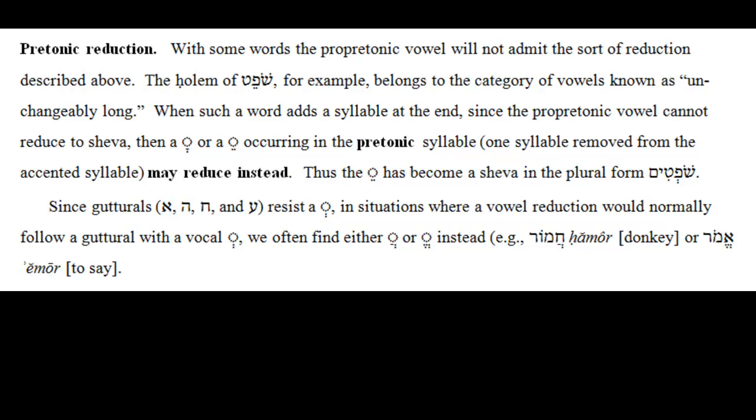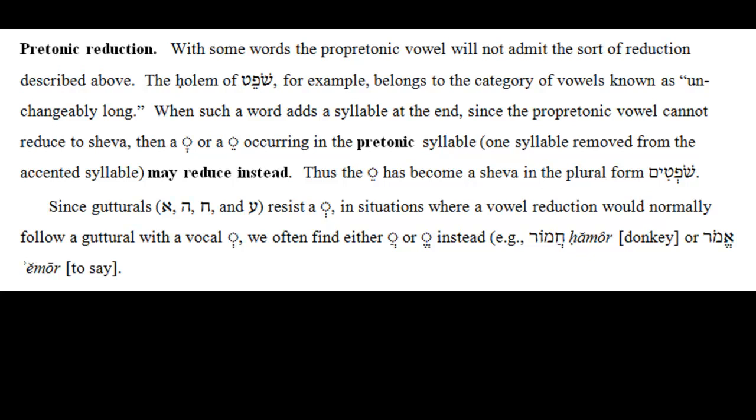And you can read the details in this paragraph to understand when and how that reduction may take place in the pretonic syllable. In the case of the singular form shofet, which means judge, by the way, to develop the plural form, it's pronounced shofetim. This means judges.